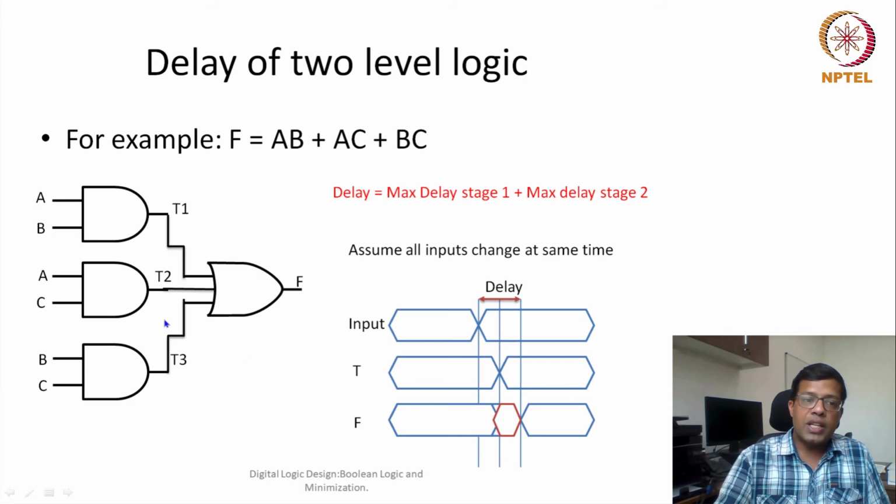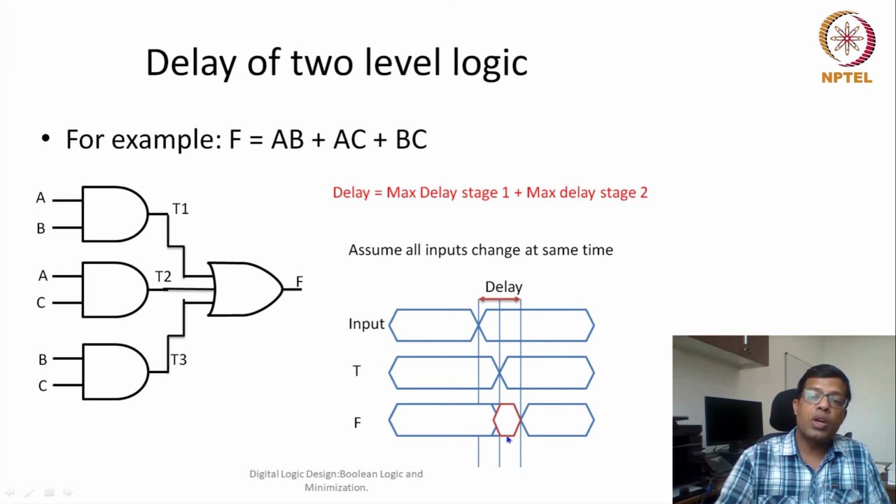Let's consider that this particular AND gate for T1 has 4 inputs, and all others have 2 inputs. Because T2 and T3 are available early, they will change the value of f, so there would be a certain value of f. After that T1 will come after some time, and T1 will further change the value of f. So there could be certain transitions.